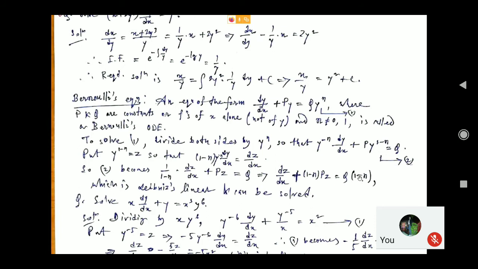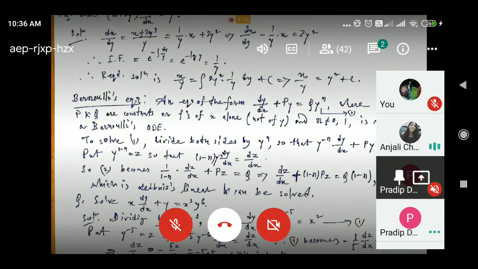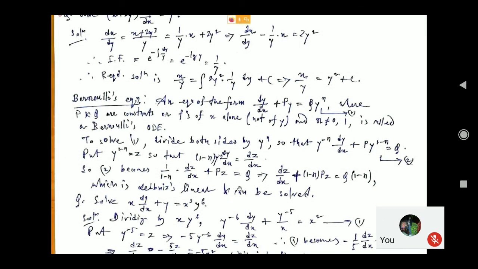Okay. Not a function of z, a function of x. Yes, tell which one. So when we put y to the power 1 minus n equal to z, how does that give this equation, 1 minus n into y to the power minus n dy/dx equals dz/dx?